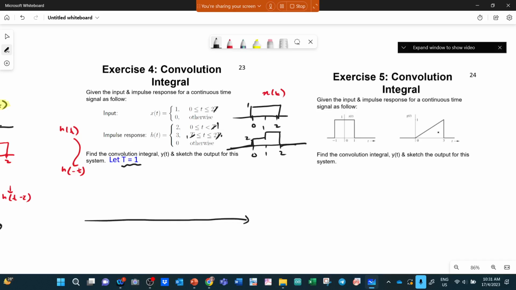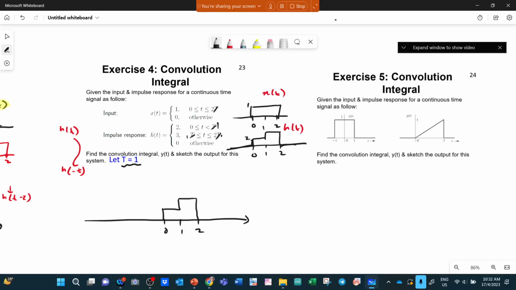Okay, so now this is HT we are going to fix. We fix the complex signal, which is HT. So 0, 1, 2. Okay, so this one will be 2, 3.